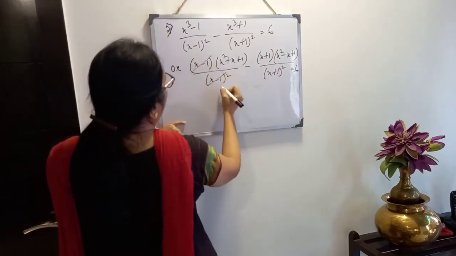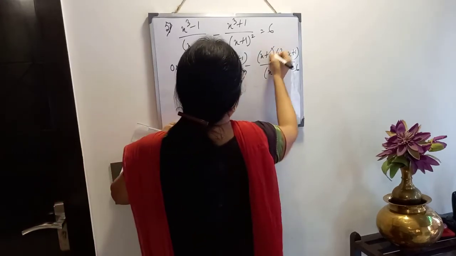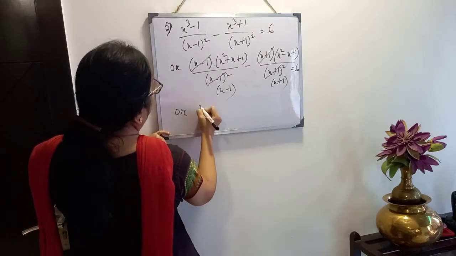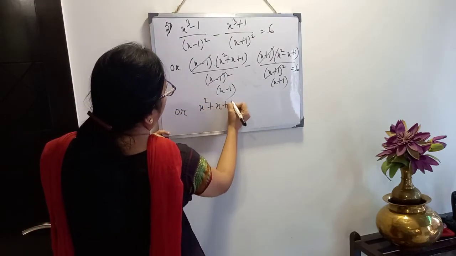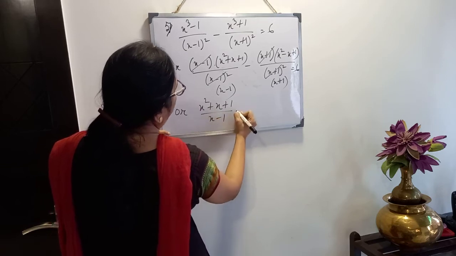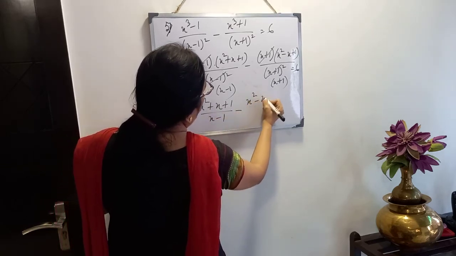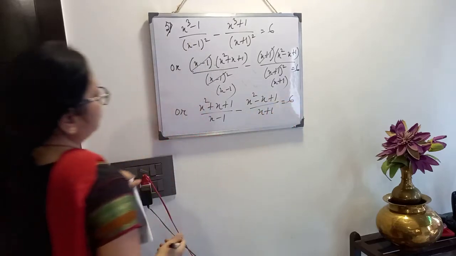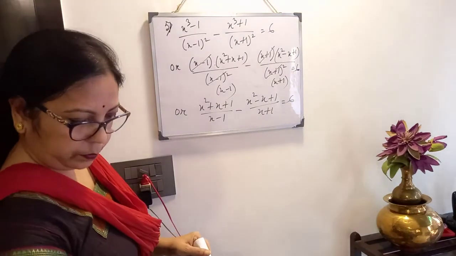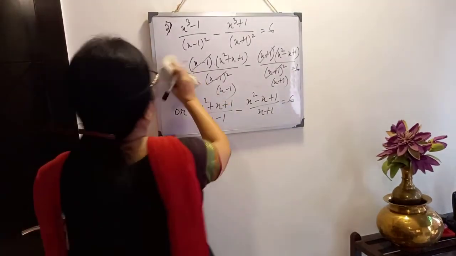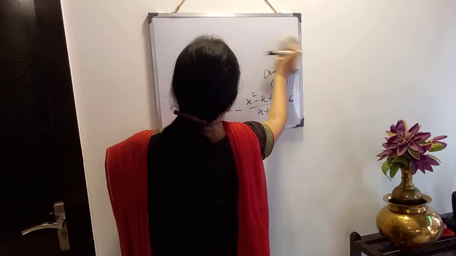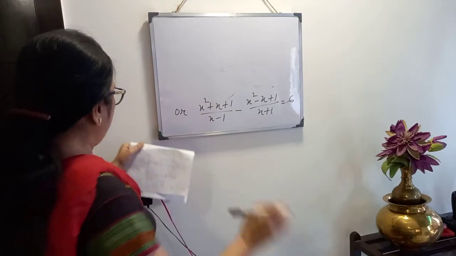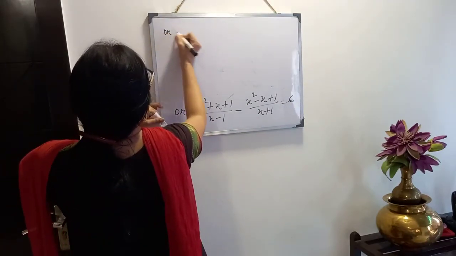Now here this will cancel and this also will cancel. So we are getting (x square plus x plus 1) by (x minus 1) minus (x square minus x plus 1) by (x plus 1) equals 6. After that, we will take the LCM.